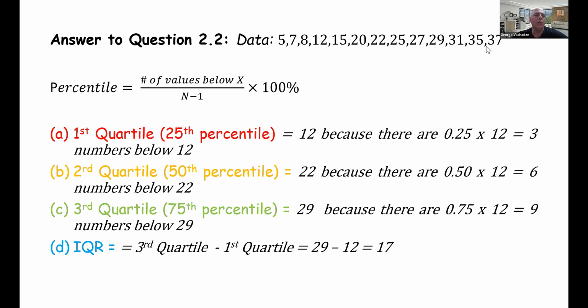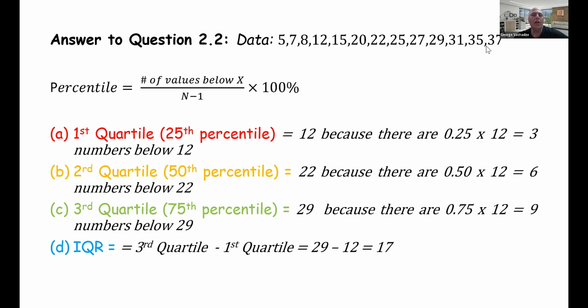Okay, let's find out the first quartile, or 25th percentile. The sample consists of 13 observations, so capital N is 13. If we take n-1, we get 12. So 12 times the percentile, which is 0.25 times 12, gives us the number 3.